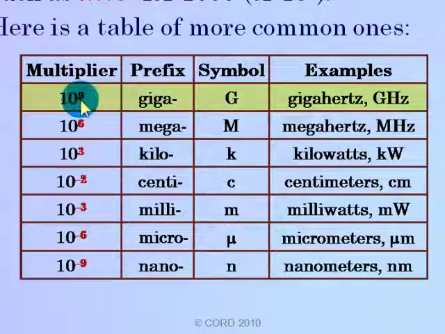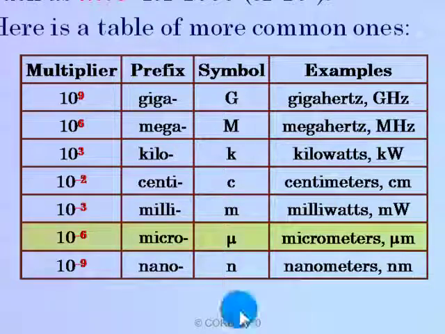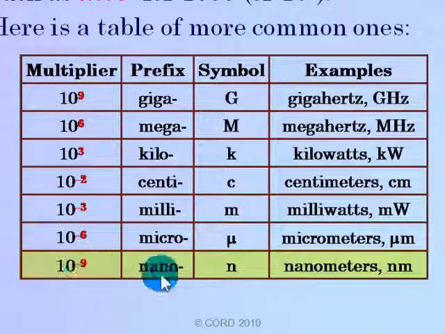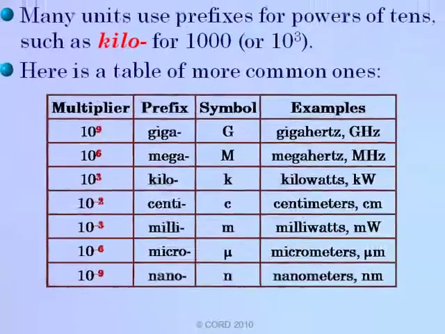You've probably heard of gigahertz and megahertz for 10 to the 6th. 10 to the 3 is kilo, as in kilowatts or kilometers or kilohertz. 10 to the minus 2 is familiar for centi, as in centimeters. 10 to the minus 3 for milli, as in milliwatts or millimeters. 10 to the minus 6 for micro, as in micrometers. And 10 to the minus 9 for nano, as in nanometers, that you'll encounter a lot as a photonics technician.